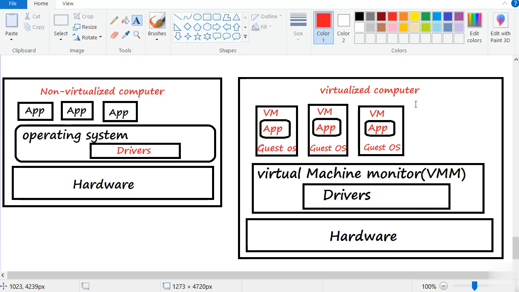First you have to learn all this to learn how the JVM executes your code. That's the reason I am explaining from the very basic scratch level to understand all the concepts. So this is the difference between non-virtualized and virtualized computers. Whatever points we have discussed, I will make a note of all those.